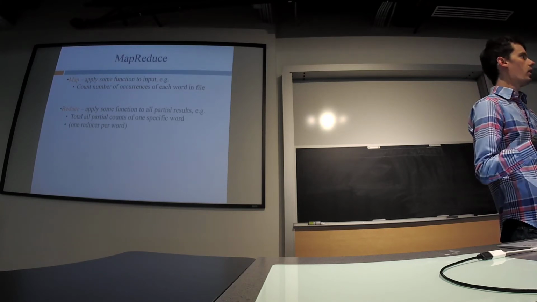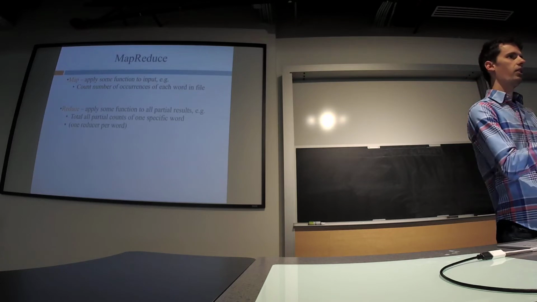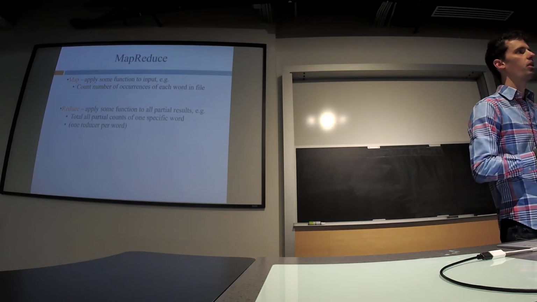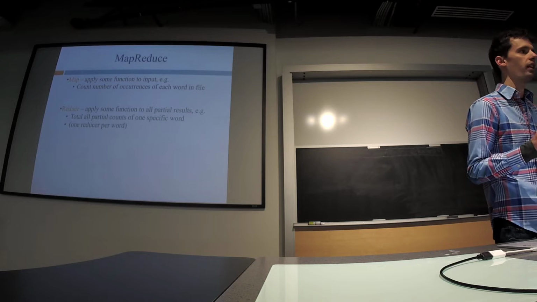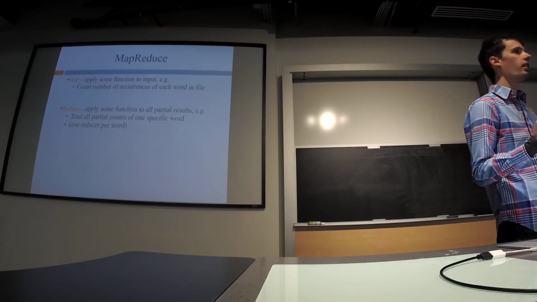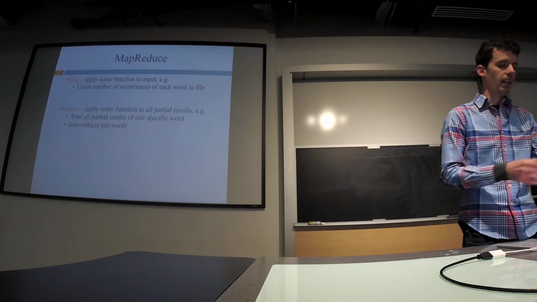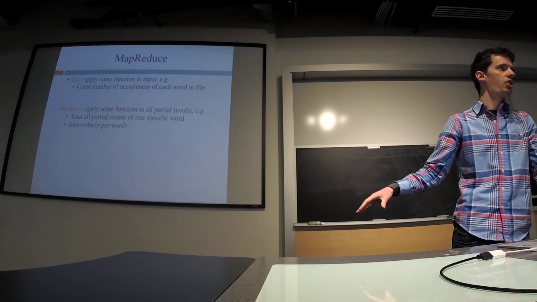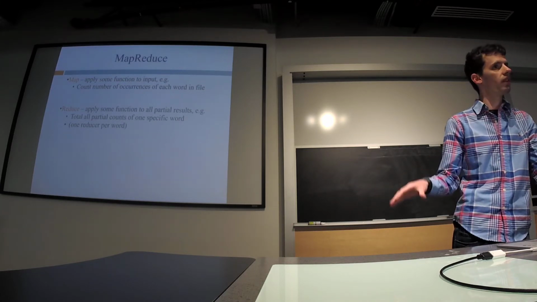So your one part of the input is a file, and you want to count the number of occurrences of every word in that file, like how many times does the word "the" occur in some file? And then you have tons of machines doing that for different files.